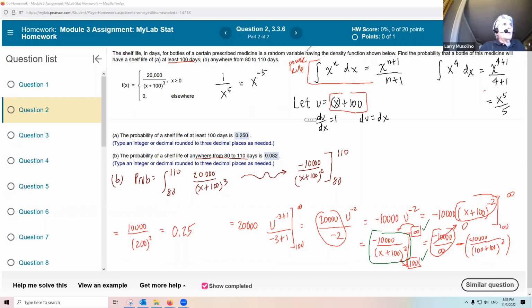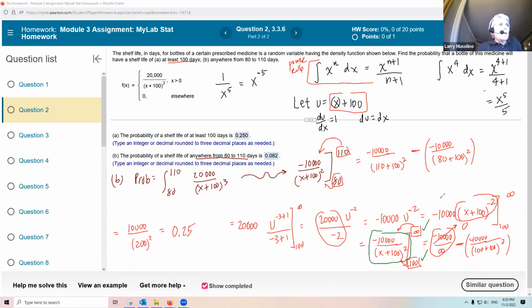Again, to work out a definite integral like this, you plug in the upper bound first. So this is going to be -10,000 over (110 plus 100) squared, minus, now you plug in the lower bound, -10,000 over (80 plus 100) squared.